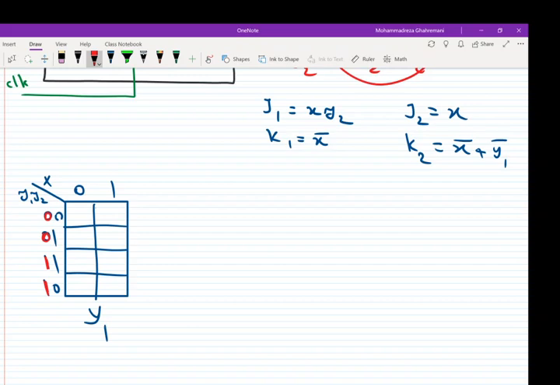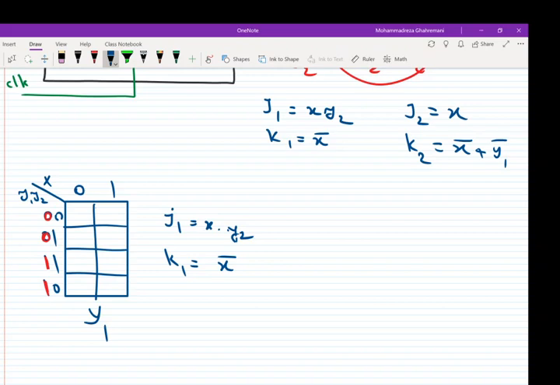Okay, and of course we know that j1 is equal to x y2, and k1 is equal to x bar.